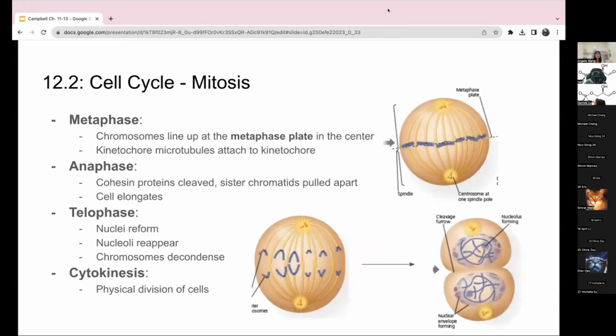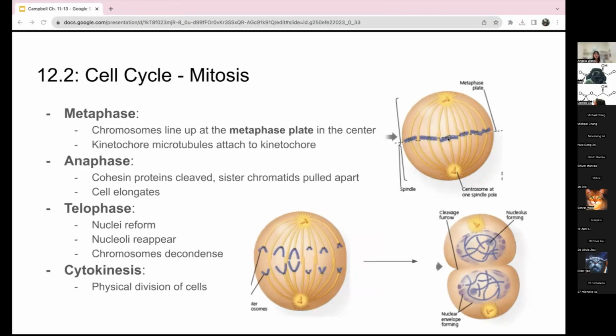Next is metaphase. In metaphase, the chromosomes are pulled by the microtubules into the middle of the cell, which is called the metaphase plate. The kinetochore microtubules are now all attached to the sister chromatids on the kinetochore. And then comes anaphase, where the cohesin proteins, which hold the sister chromatids together at the centromere, are cleaved, and then the sister chromatids are pulled apart by microtubules.